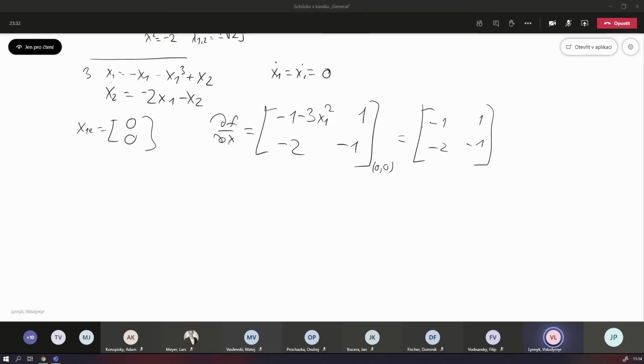Then we need to find the eigenvalues: minus 1 minus lambda, minus 1 minus lambda, and minus 2, 1 equals 0.